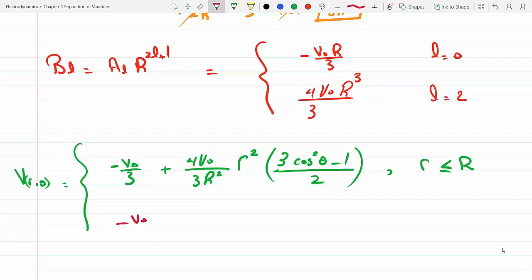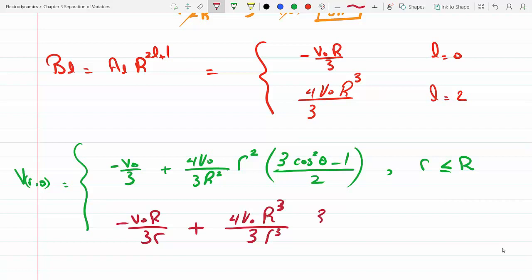If L is 0, this is going to be minus V0R over 3, and this is divided by R to the L plus 1, so that's just R if L is 0, and this is going to be P0 of cosine theta, which is 1, plus, now if L is 2, this is going to be 4V0 R cubed over 3, and this is divided by r to the L plus 1, so this would be r cubed.